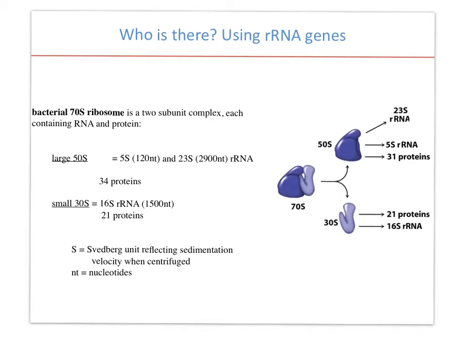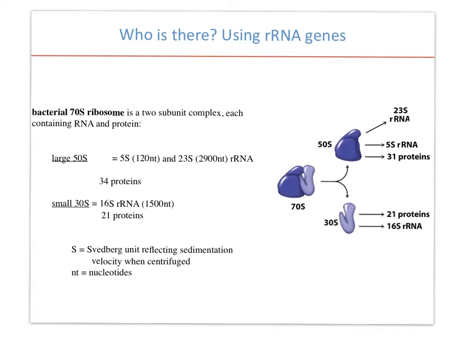Remember we talked about you can put these in a very viscous solution, you can centrifuge it, and the distance that it migrates down in your tube is related to the mass. So things that are bigger will migrate faster. And so they assigned these units to tell us how fast it would go down in the tube.